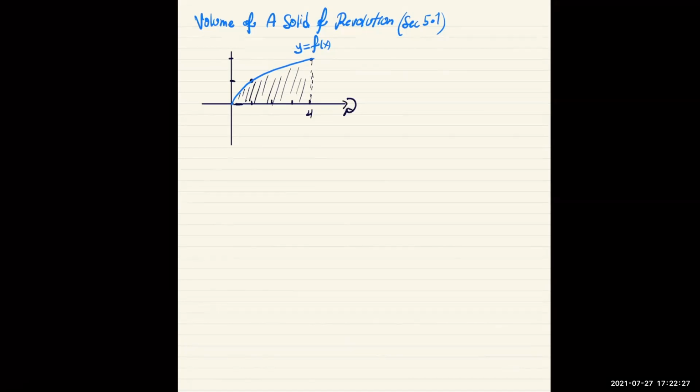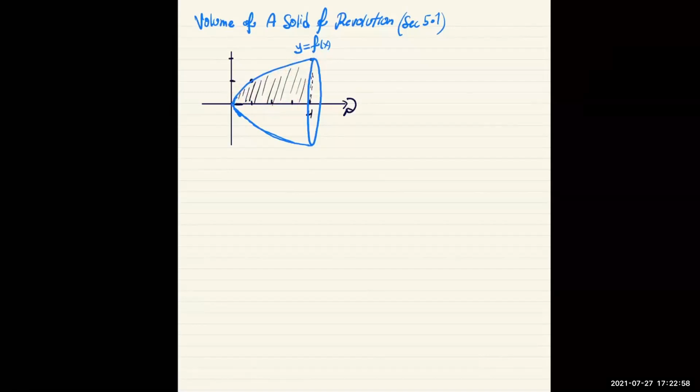When you revolve that around, as we saw, it generates what we call a solid of revolution, or a paraboloid, giving you a sense of 3D here. So that's the solid of revolution, not a surface. It's a solid because I revolve the whole region around, so both the boundary and everything in between revolves around, and it generates the solid.